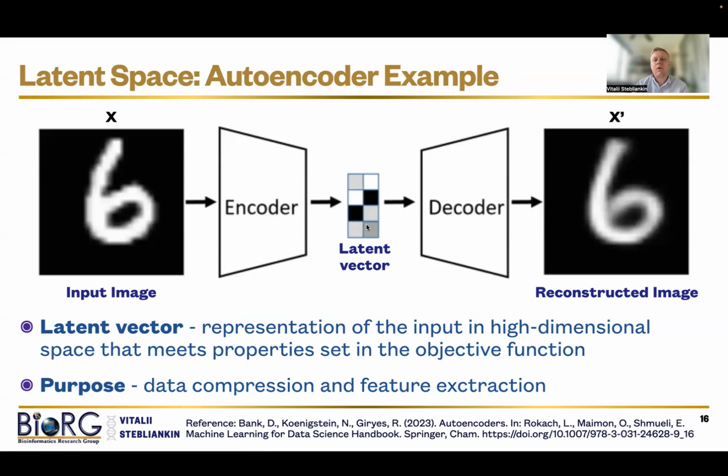So what is the purpose of that? The input and output in autoencoders are exactly the same. Why do we even need those latent vectors? The reason in this case is data compression and feature extraction. We want this latent vector to be smaller than the original input image. And if the decoder is able to reconstruct exactly the same image, it would mean that this abstract latent vector contains all necessary information and useful features.